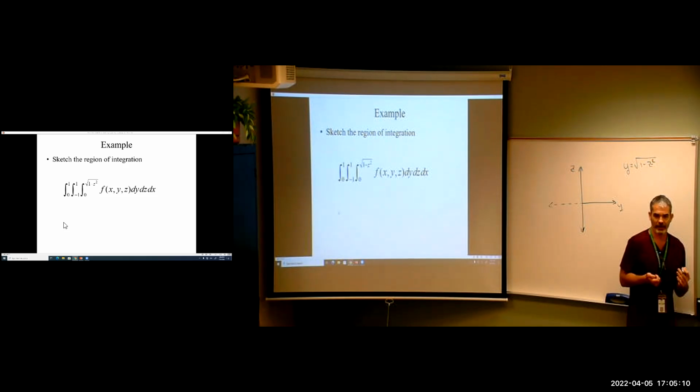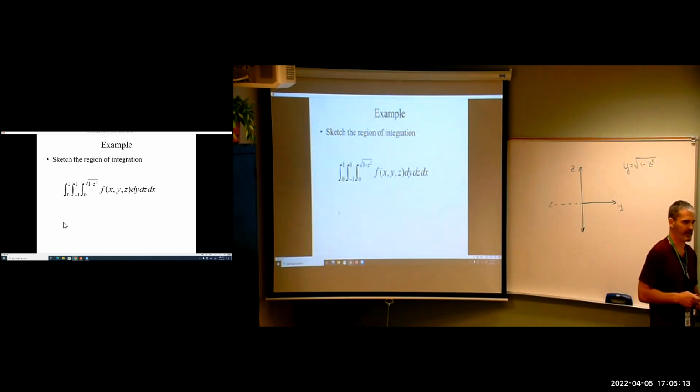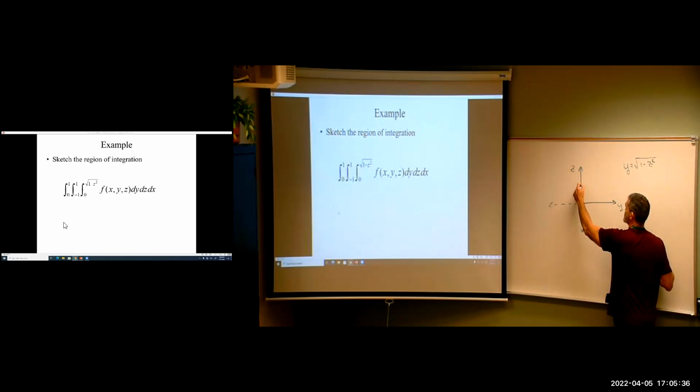I mentioned this when we were looking at double integrals: you've got to get used to seeing these forms. We need to know right away that this is half a circle, because if I square both sides and add the z squared over, I'd have y squared plus z squared equals 1. Now it's a semicircle because of the square root. I can't get any negative y values. So I get half a circle in the YZ plane with a radius of 1.